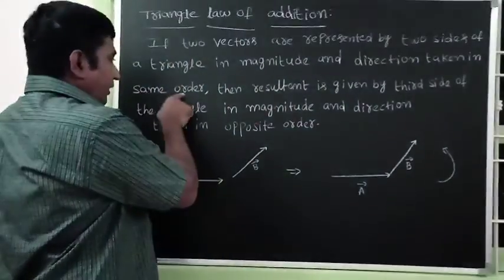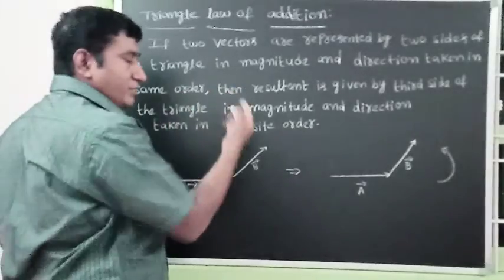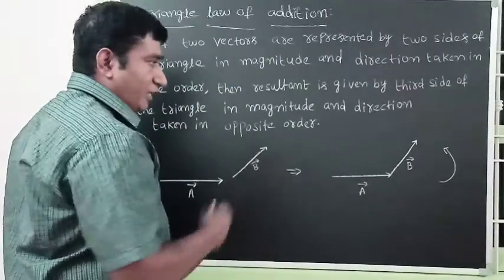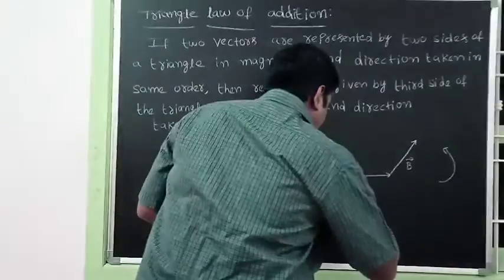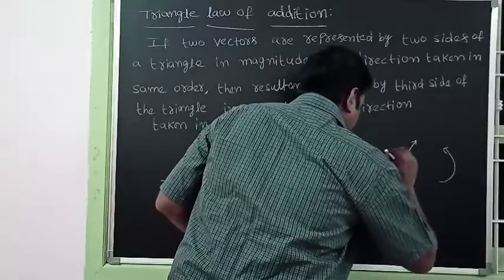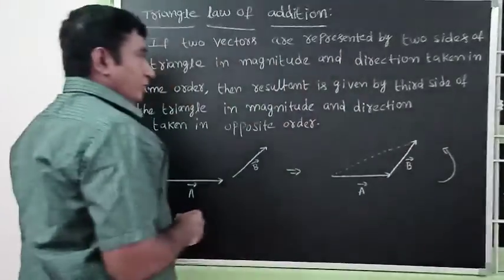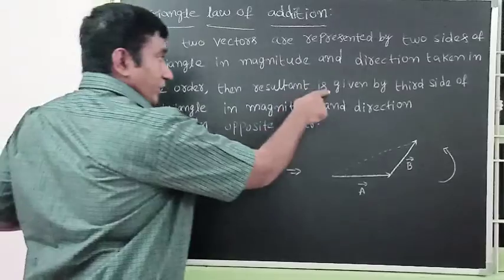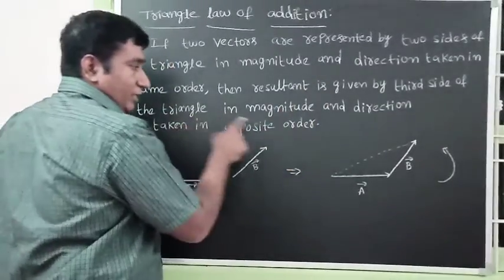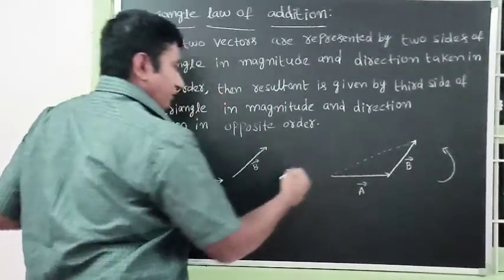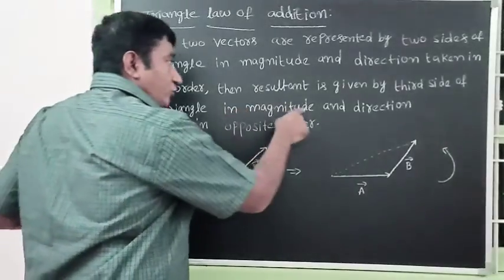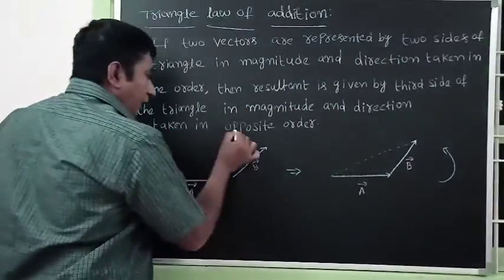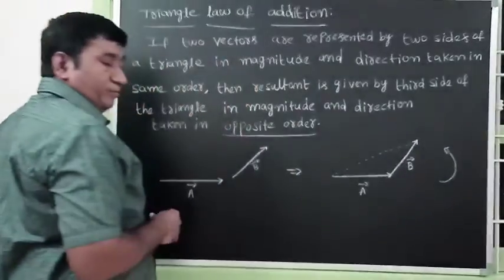Taken in the same order, then for the resultant, to form a triangle, one more side is required, which joins these two. Then the resultant is given by the third side of the triangle, in magnitude and direction taken in the opposite order.